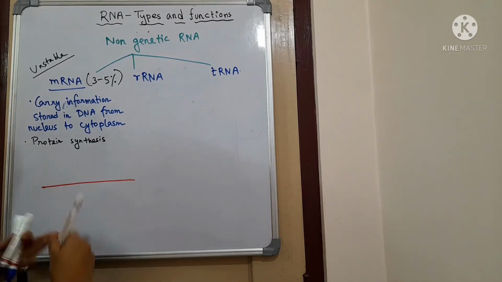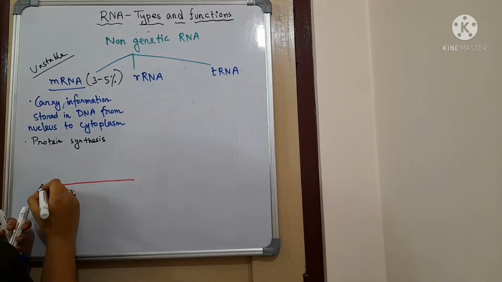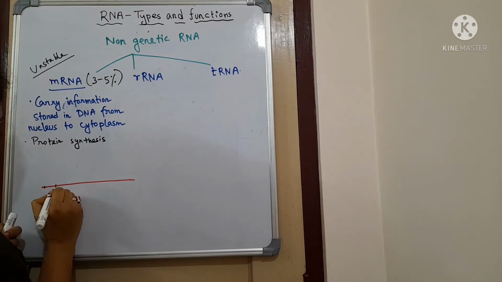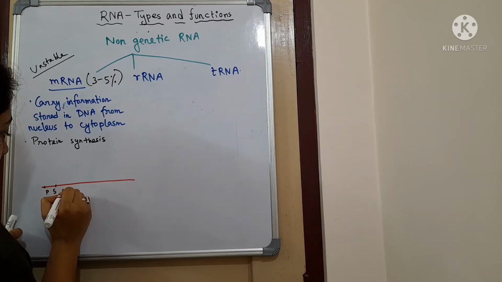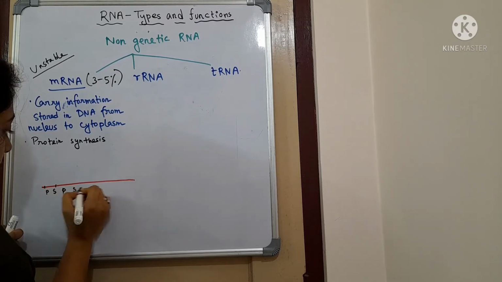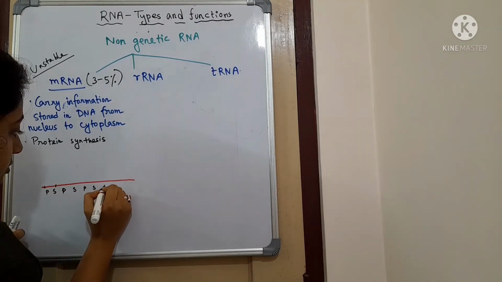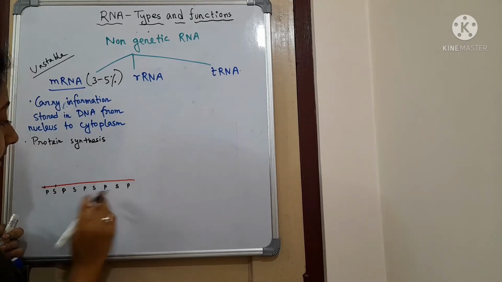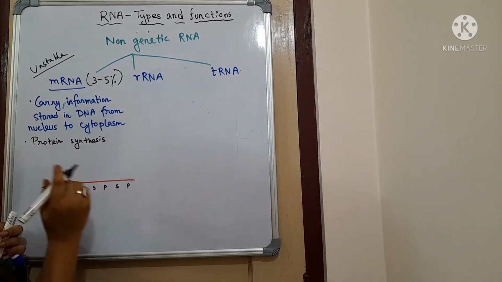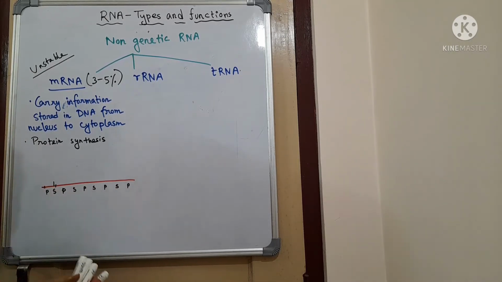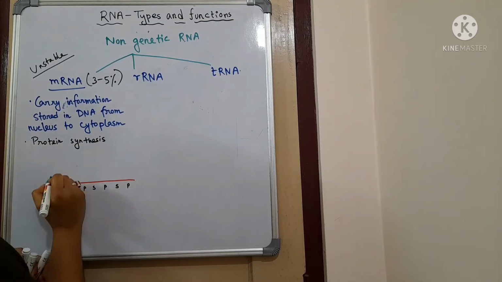Here the alternating sugar and phosphate is present, like in DNA. If this is the sugar, it is holding phosphate, sugar, phosphate, sugar, phosphate, sugar, phosphate. In this way this is the backbone, and each sugar holds a nitrogenous base.